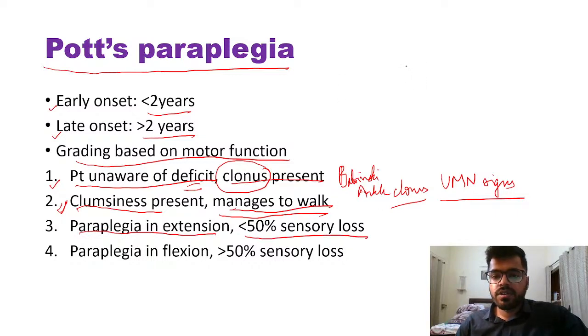So if we look at the spine in the lateral view, these are the vertebrae. Here is the spinal cord. This is an anterior disease. It is affecting vertebral bodies.